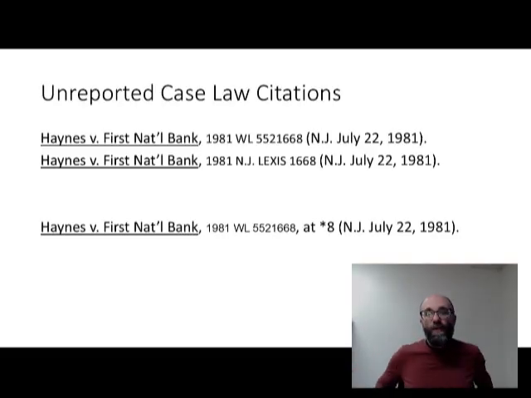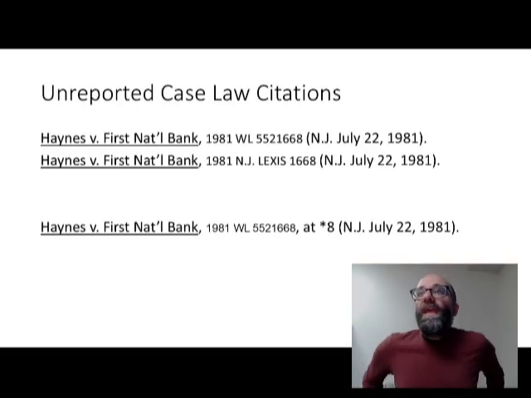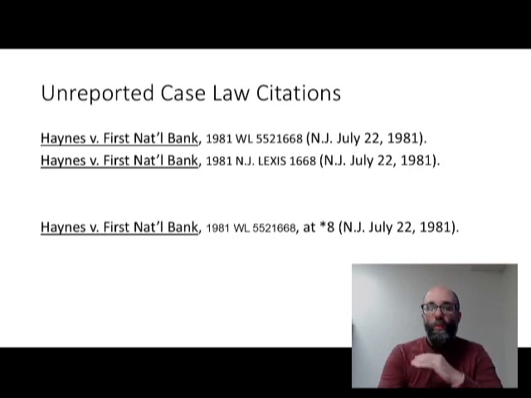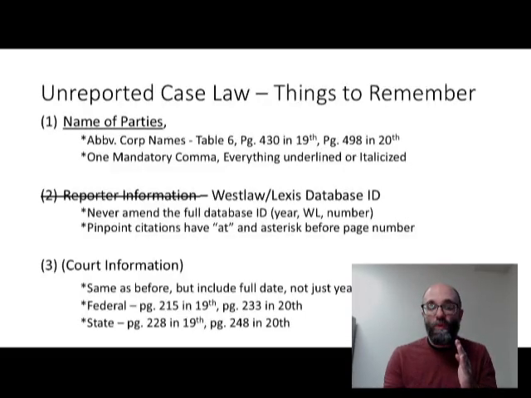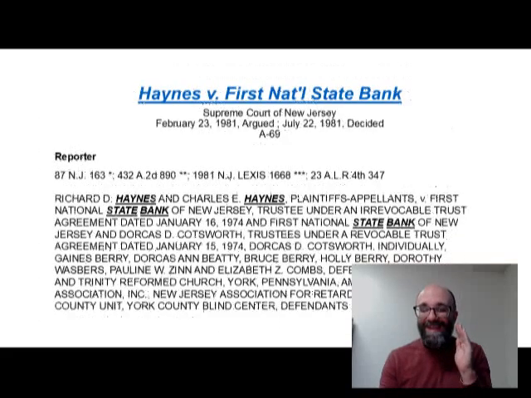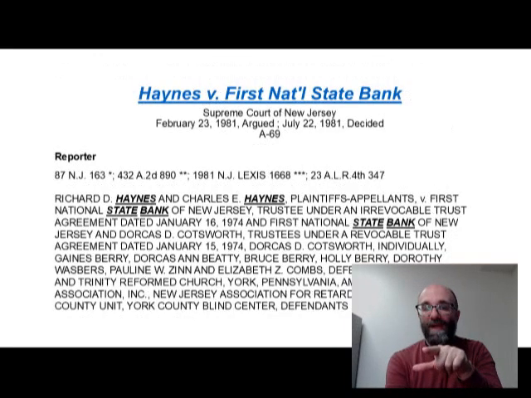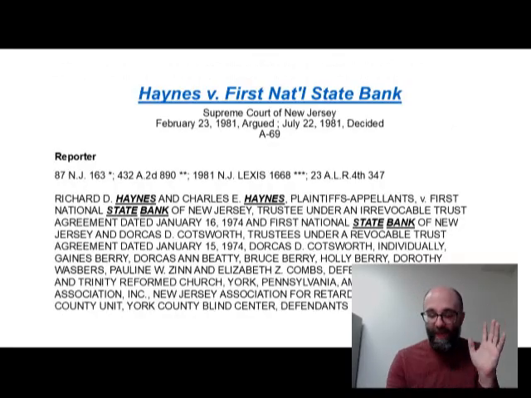Now, I want to note a small nuance. There is a hard and fast rule in the Blue Book where after the parties, Haynes versus First National State Bank, sometimes there's a comma, and some jurisdictions want you to include the case number. You see under February 23rd, 1981 argued, July 22nd, 1981 decided, you see A-69, okay?